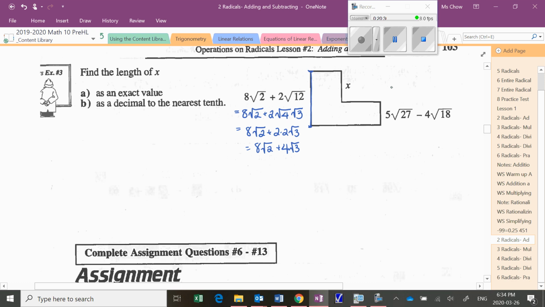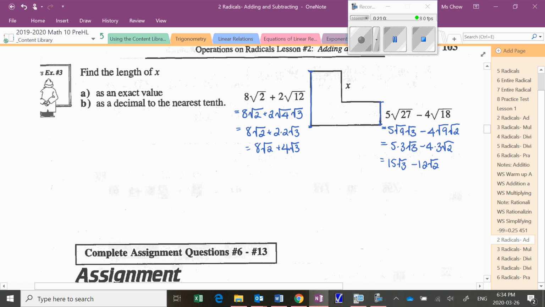And so 5 root 27 then is the same as 5 root 9 times root 3 minus 4 root 18, or root 9 times root 2. So then that's 5 times 3 root 3 minus 4 times 3 root 2, or 15 root 3 minus 12 root 2, and so that gives us this little portion right here.